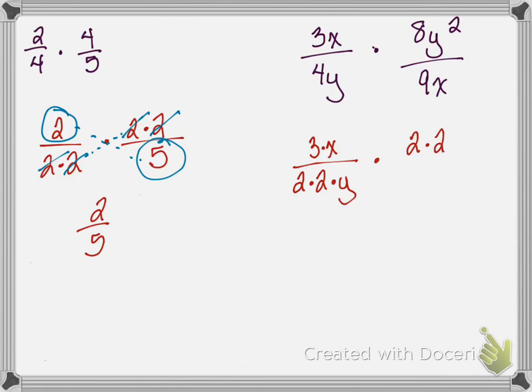Good. 2 to the third is 8. 2 times 2 times 2. I represent y squared by saying y times y. 9x breaks down to 3 times 3 times x. If it's in the numerator and it's in the denominator, it can be canceled. 3 and 3, x and x.